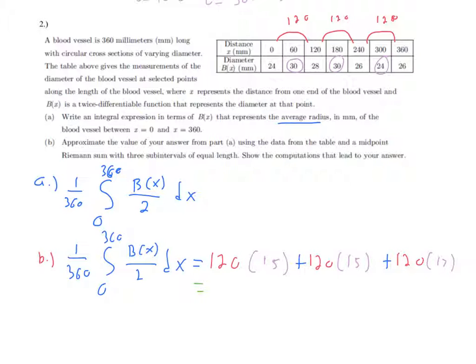This is equal to 5040, and then we need to divide that by 360 to find the average. So we get 14 is the average.